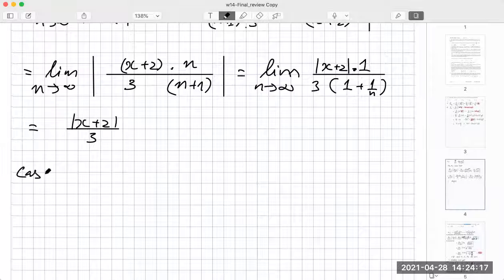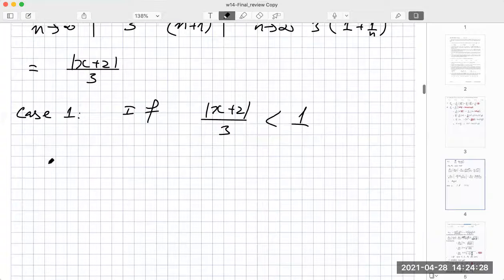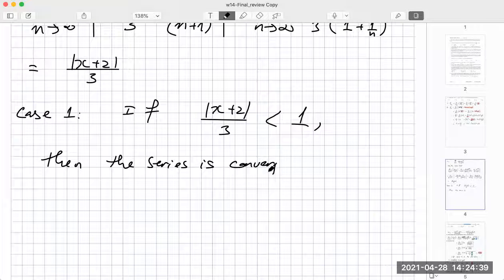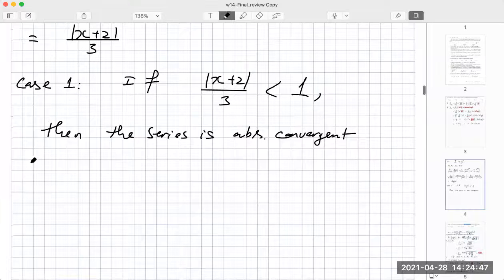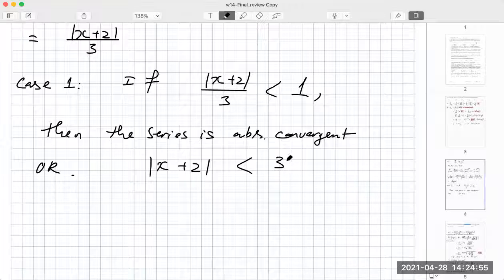So, case study. If x plus 2 divided by 3 is strictly smaller than 1, then the series is convergent. We can say that it is absolutely convergent. Or see that x plus 2, when we multiply both sides by 3, is smaller than 3.